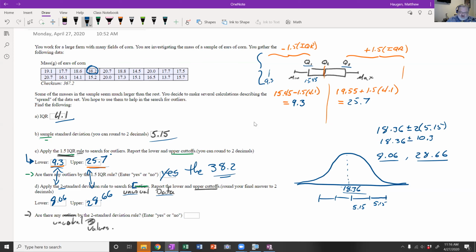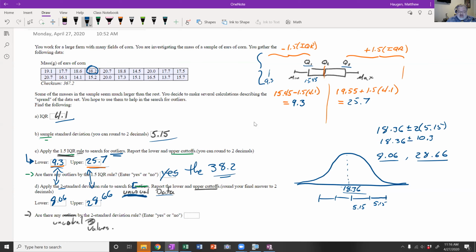This 2 standard deviations, that's usual or unusual. Inside that is our usual data, outside that is our unusual data, just to keep them straight.